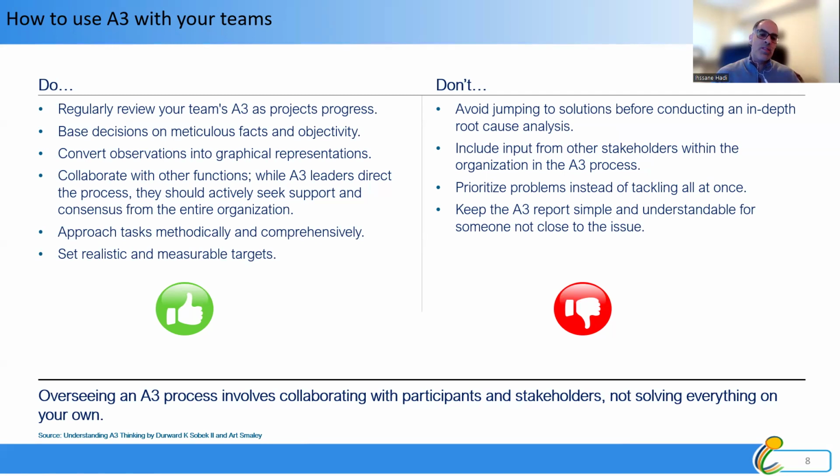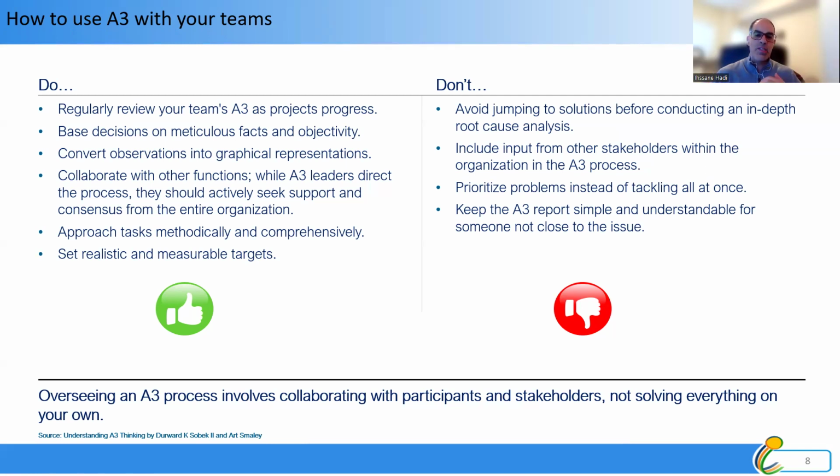So the thing that you should do in your E3, regularly review your E3 as a project progress. So by doing that, we ensure continuous monitoring and review of the E3 report to track progress and make necessary adjustment. The second thing to do, base decision on fact, not assumption.